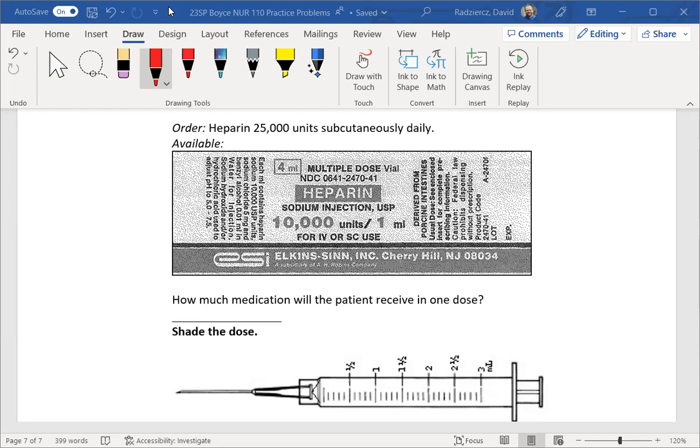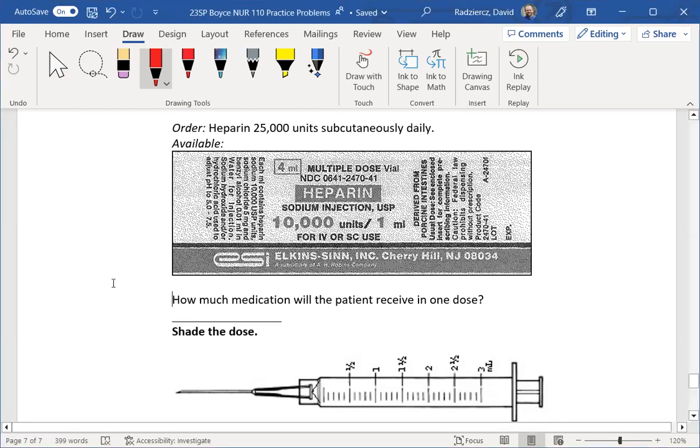Again, these are one-step problems. We're going to set these up and solve them the exact same way that we would for the previous problems we've been doing, the oral-based medications. We're going to do the same type of math. The difference is now we just have a different unit.